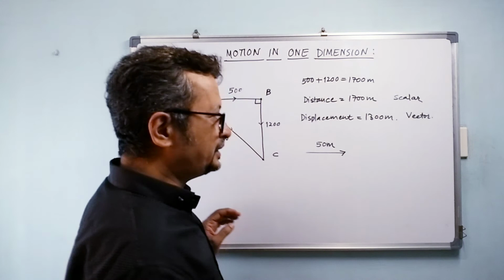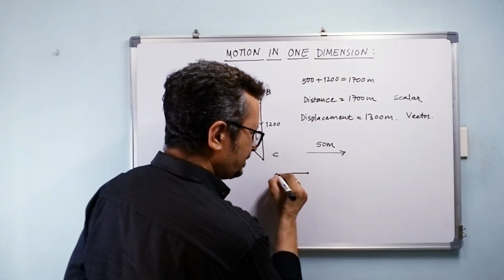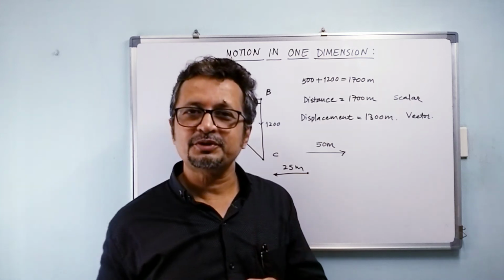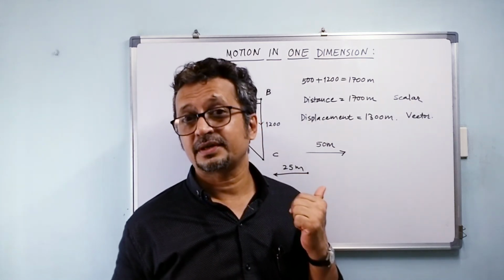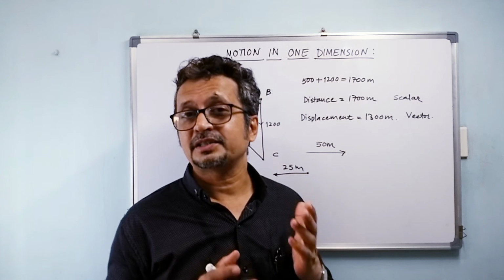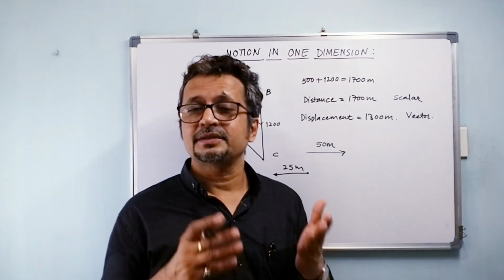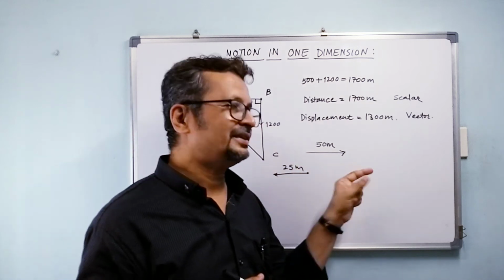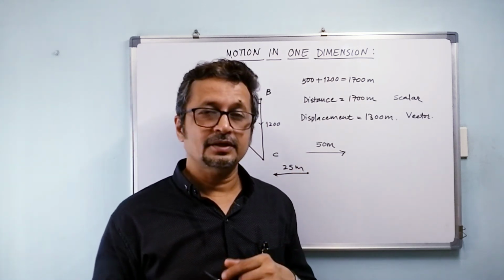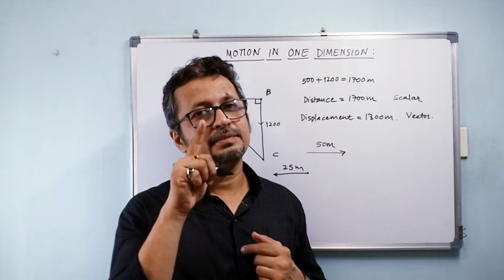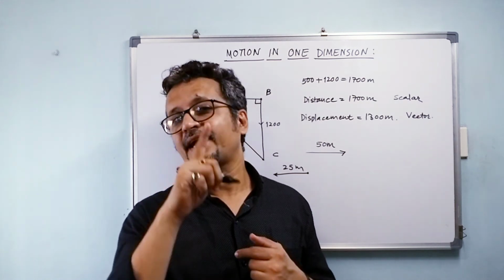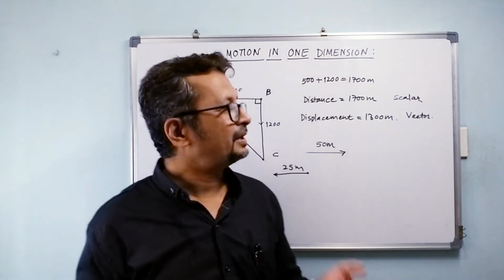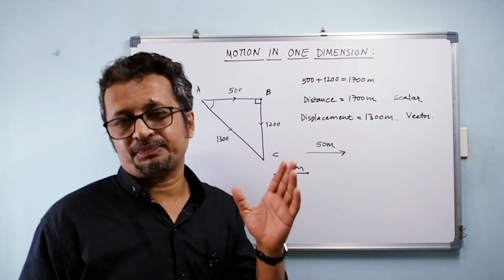But from this point, if I travel in this direction 25 meter, my displacement would be minus 25, correct? A displacement of minus 25 would mean that the direction of motion is opposite to what I had in this case. So displacement can be negative, positive, or even 0. But distance can only be positive or 0, correct?